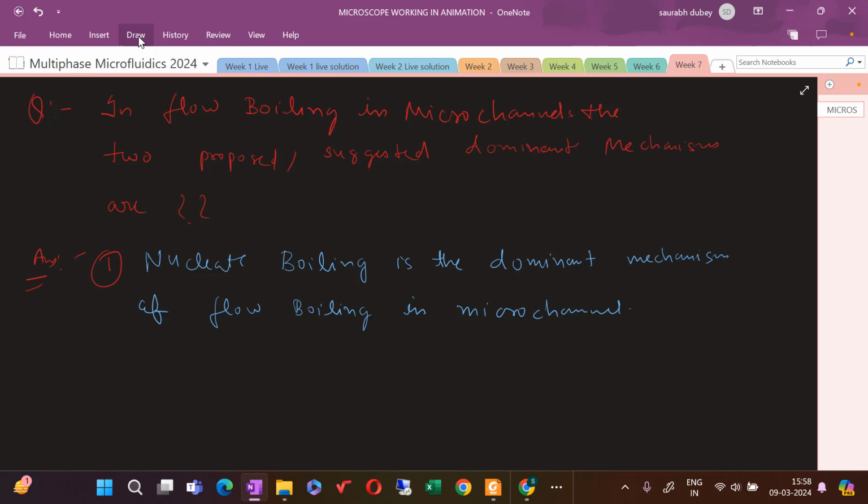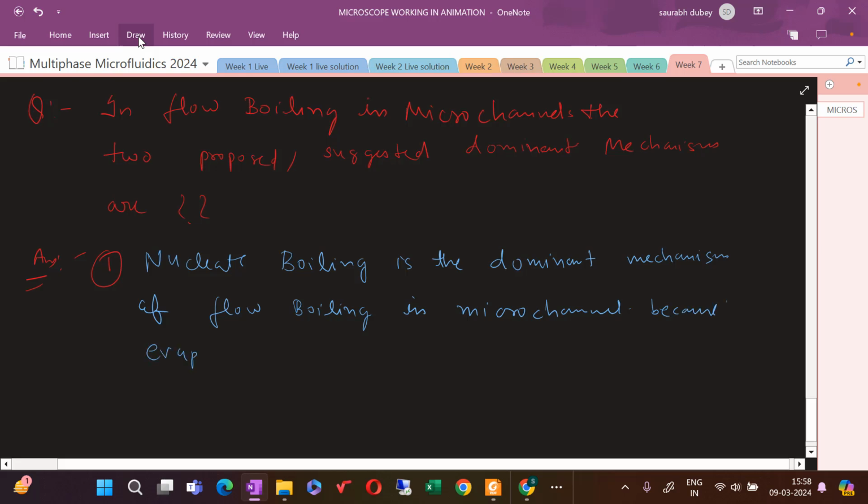They have suggested this because evaporation depends on the heat flux.